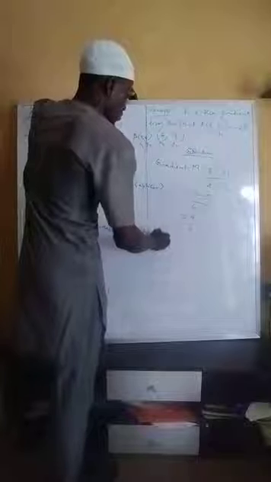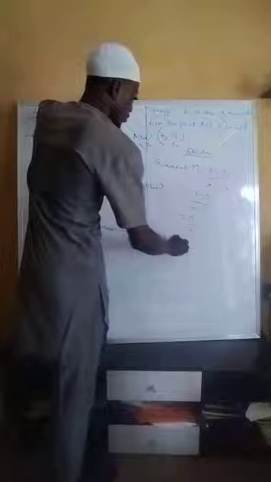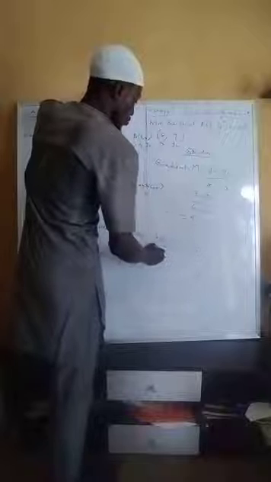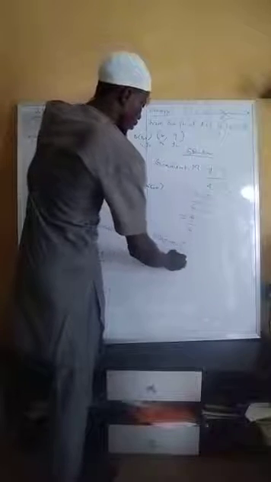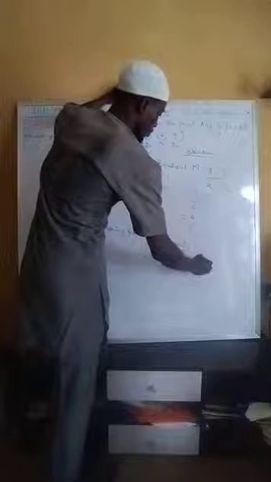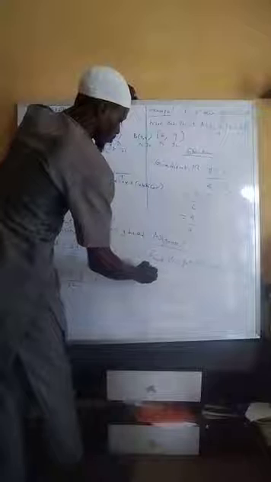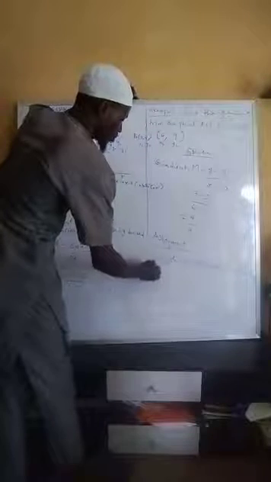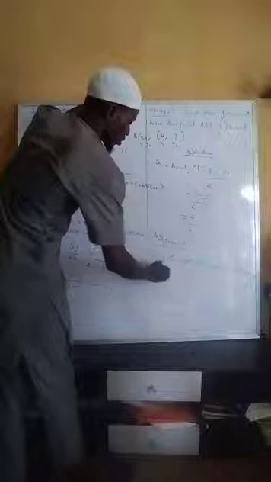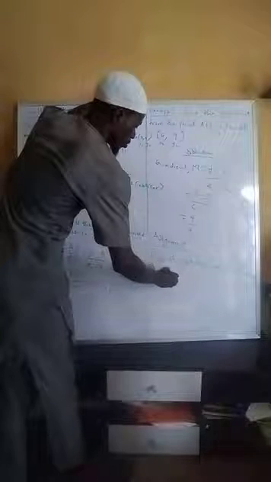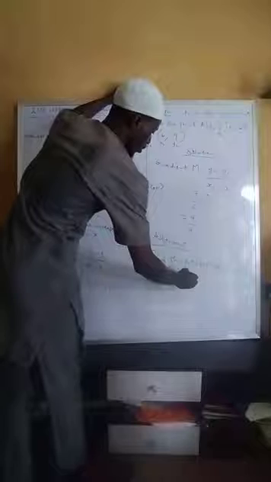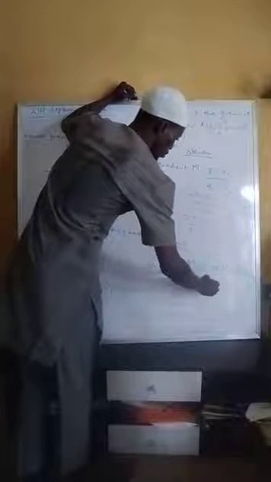Now, assignment. Find the gradient of the following: A, (3, 2), and B, (9, 10).